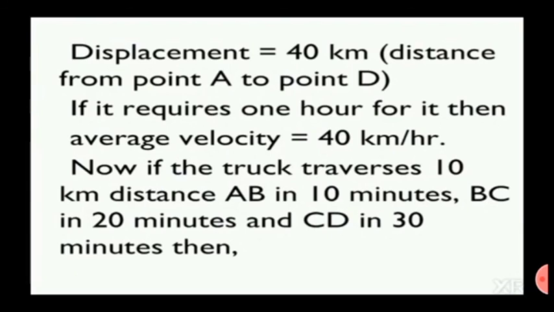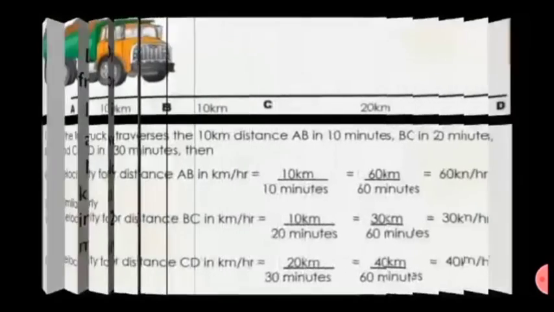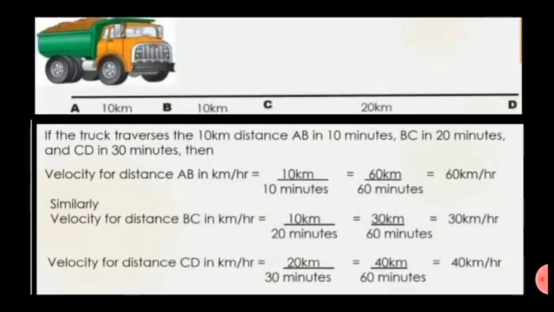However, if the truck travels the 10 km distance AB in 10 minutes, BC in 20 minutes and CD in 30 minutes, then the velocity for the distance AB in km per hour is 10 km upon 10 minutes, that is 60 km upon 60 minutes. That will be 60 km per hour.